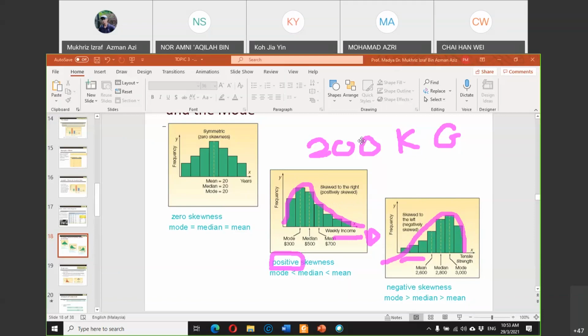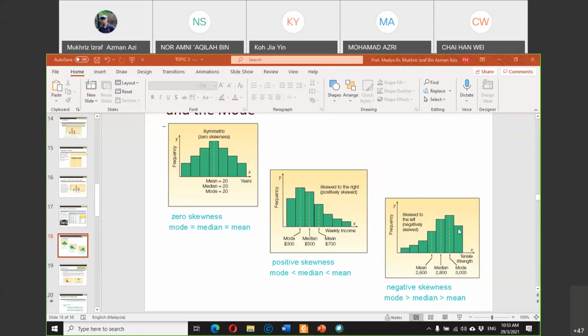So if we reverse this example, let's say in the class there is one student who is extremely small, a very tiny student, and the weight of this student is 30 kilograms, very small. Maybe it is not a logical example, but just to get the message across.